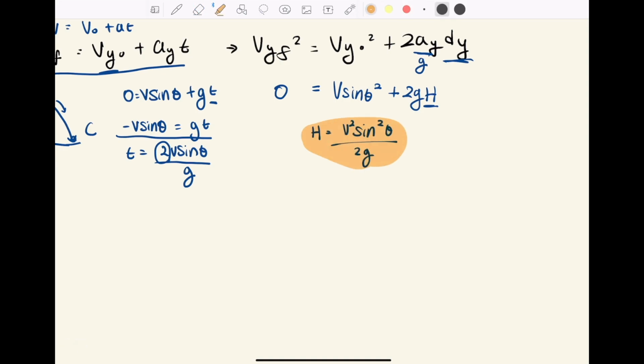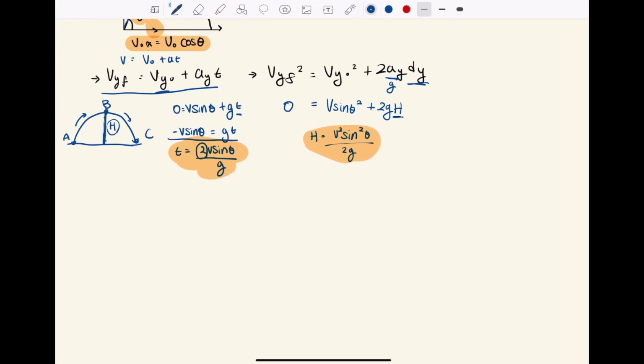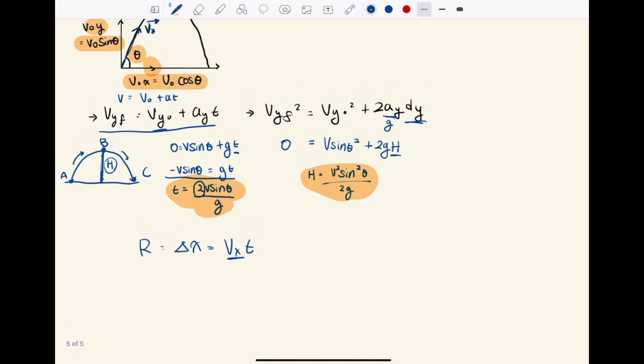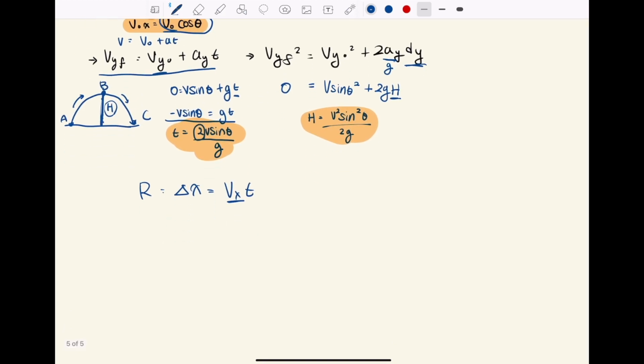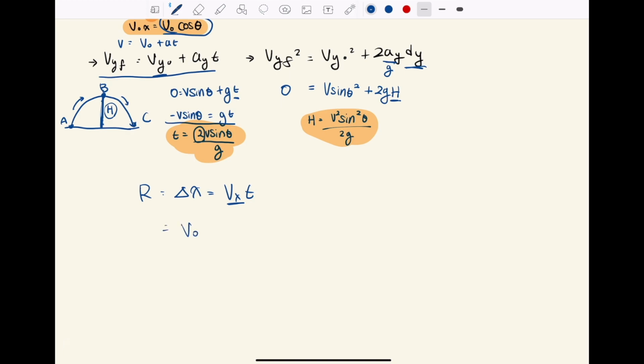So from these two derivations right here and right here, we can derive the range of a projectile motion. Because we know that the range, which is how far it has traveled, delta x equals vx times t. And the vx would be the velocity of the x component, which is right here, v0 cos theta. So it would be v0 cos theta times time.